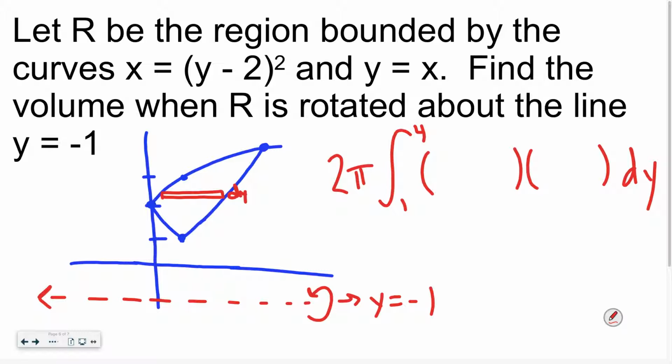Let's talk about the height of our rectangles. Right minus left would give us y minus (y minus 2) the quantity squared. That is the height of each of our shells. Our radius is always how far away our rectangle is from the axis of rotation. So it's y plus 1.